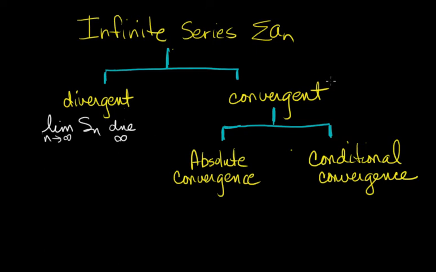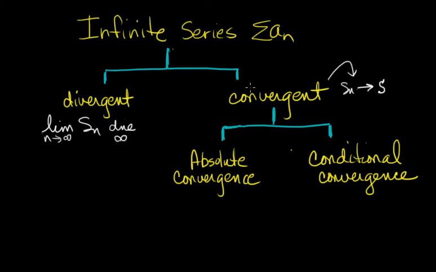Whereas for a convergent series, what it means to converge is that the sequence of partial sums does approach a limit that we might call S, and we call that the sum of the series. Of course, it's not a sum, it's a limit of a sequence.